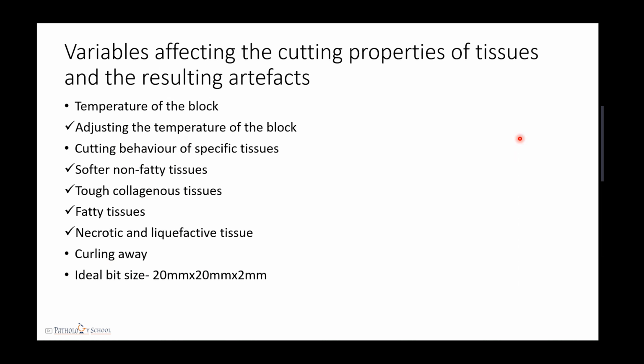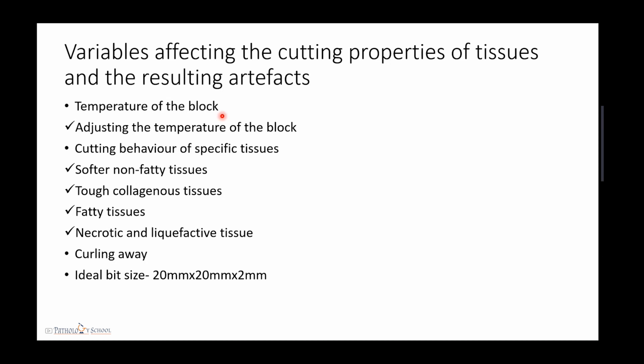Now, coming to the variables affecting the cutting properties of tissues and the resulting artifacts. Temperature of the block: we should adjust the temperature of the block depending upon what tissue we are using, like I mentioned earlier, the various optimum temperatures of various organs or tissues. Now, cutting behavior of specific tissues.